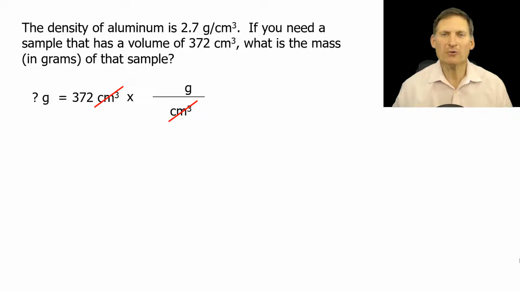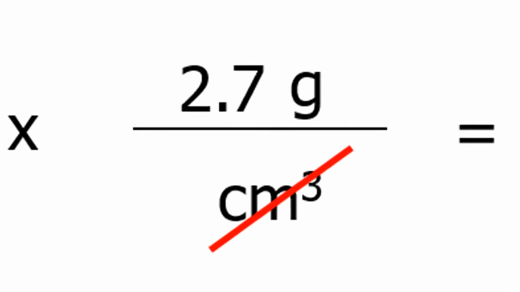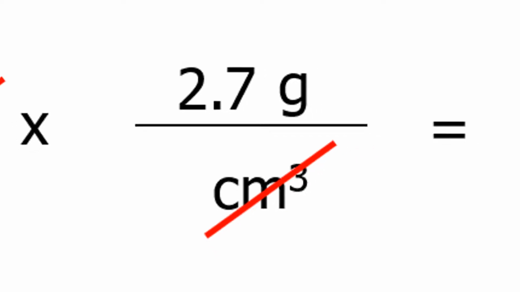But it's only okay to do that if you know a relationship between grams and centimeters cubed for aluminum. Well, we do. We know there are 2.7 grams in every centimeters cubed. So we put 2.7 in the numerator to make it that many grams per centimeters cubed, and then we do the math and get our answer. So here's an example of using density as a conversion factor.